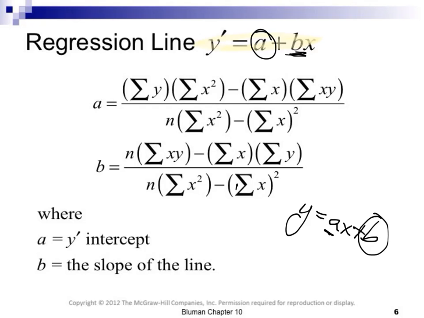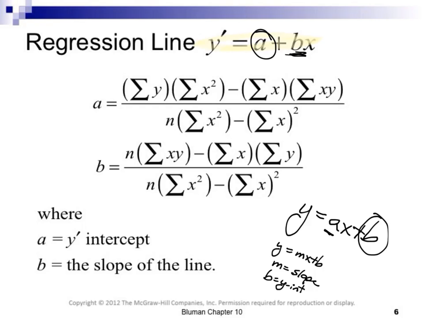Remember when you did algebra, this was written y equals mx plus b, where m was the slope and b was the y-intercept. Now again, it doesn't matter.